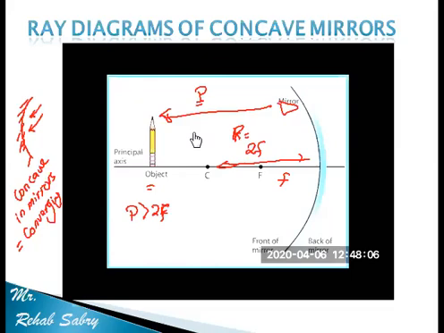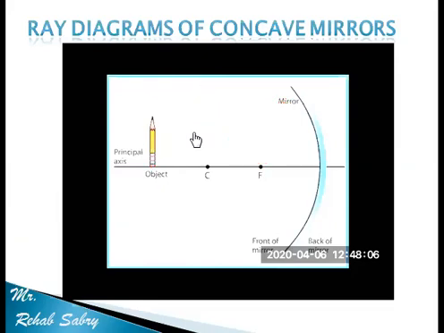So we can say that this P, the distance between the object and the mirror, is more than 2f.